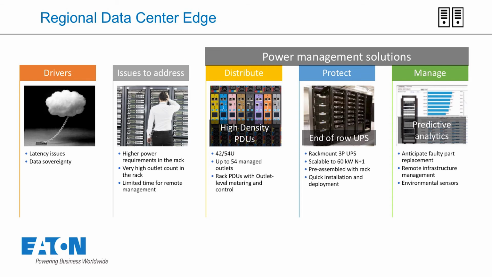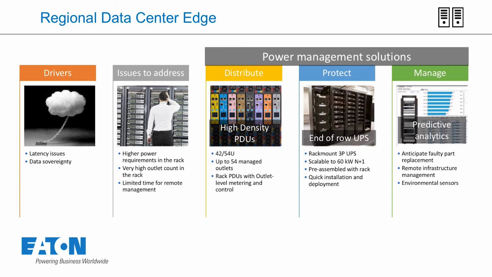So either you're doing power distribution at the rack level, or at the row of racks level, or maybe at the white space level. So you need to know you have a high density of outlets needed, and limited time for remote management. Those are the issues that we can address using edge computing.